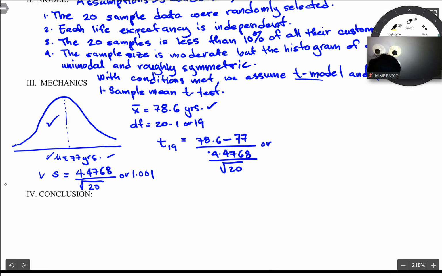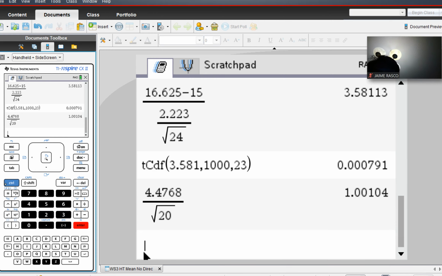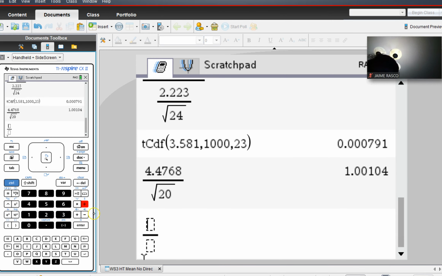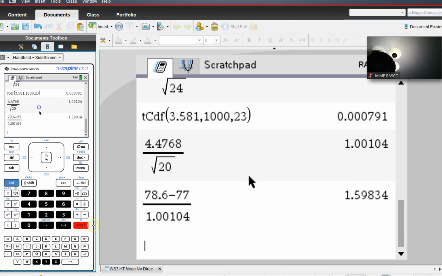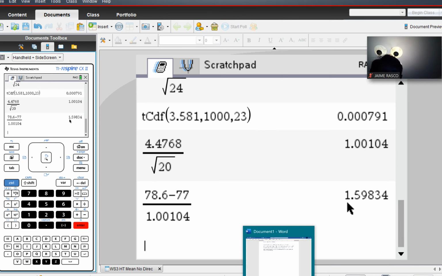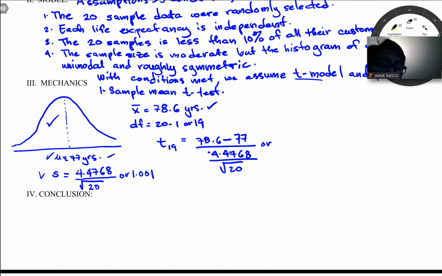Okay, so let's do the calculation. Our t-score is 1.598, okay, so 1.6. And so we got our t-score now, and let's just shade that.